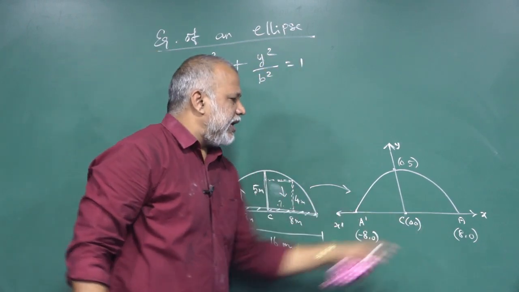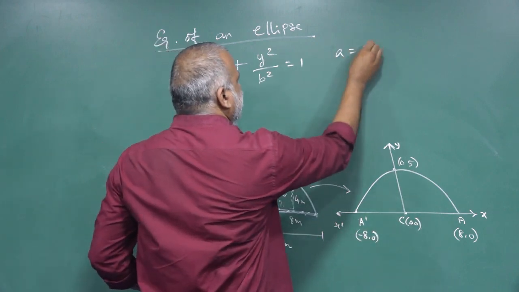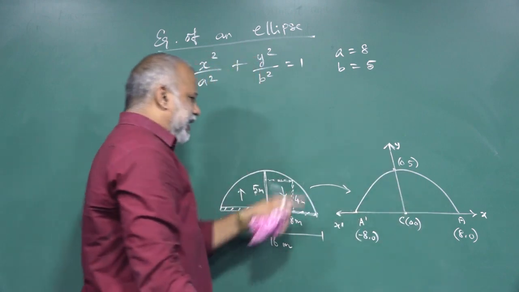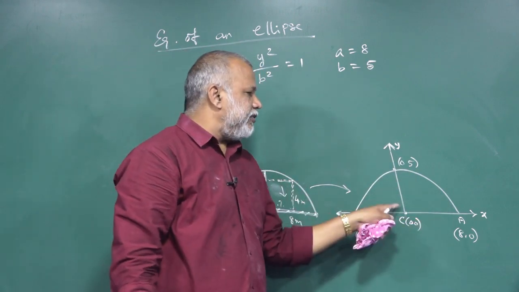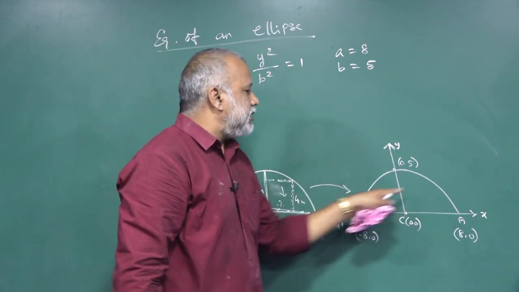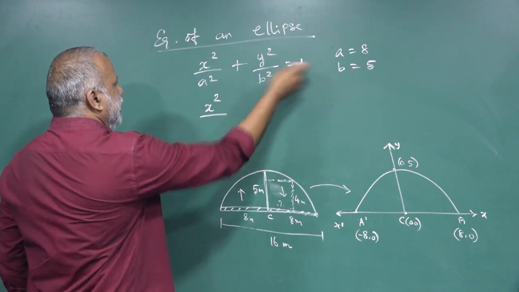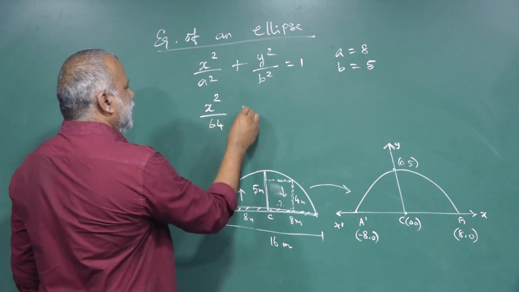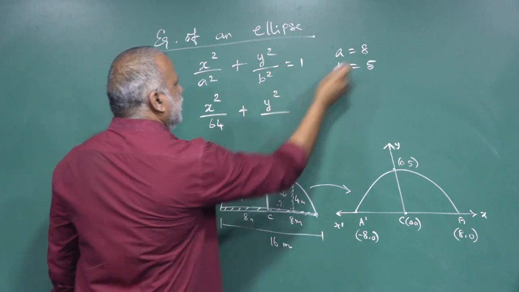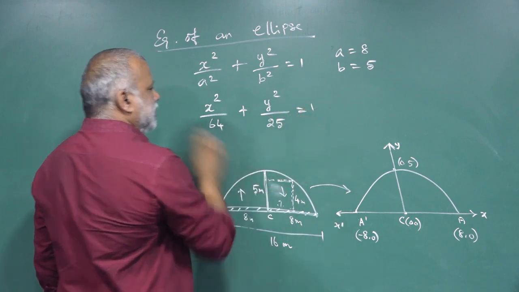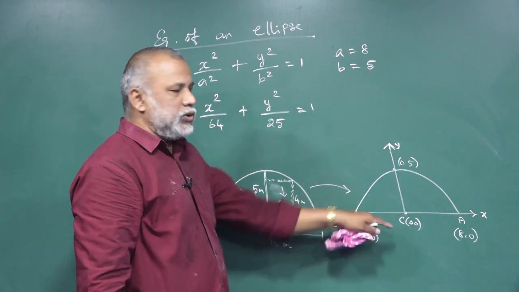Here what is the value of a? Here a equal to 8, b equal to 5. From the given data we are selecting a equal to 8, b equal to 5. Substitute here: x squared by 8 squared, that is 64, plus y squared divided by 5 squared, that is 25, equal to 1. This is the first concept we are able to get.